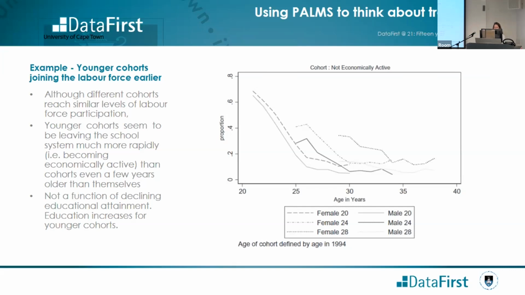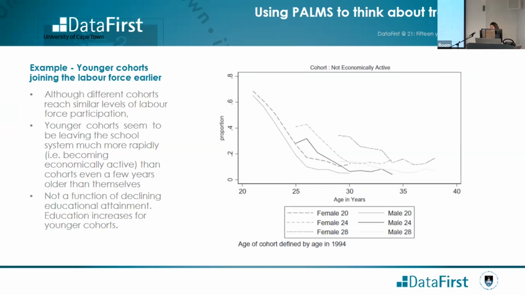But what you see is that younger cohorts seem to be joining the labor force earlier. So this made us think, if you're joining the labor force earlier at this age, it means that you're exiting the schooling system earlier.